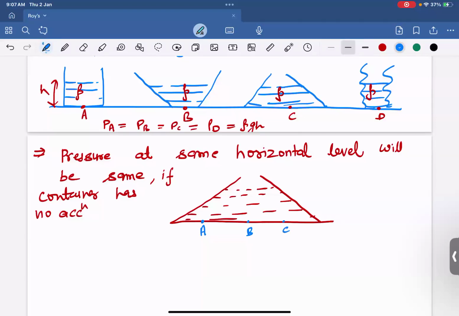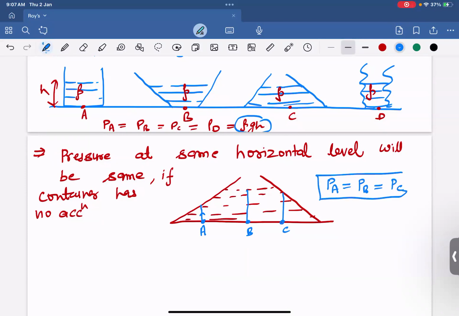You see that point A has a different amount of liquid, height is different here. Point at B here, liquid height is different. At C also, liquid height is different. So if you see the formula rho gh, it might appear that the pressure will be different, but they are at the same horizontal level. So I told you that at the same horizontal level, pressure will be equal. PA will be equal to PB equal to PC. Why?